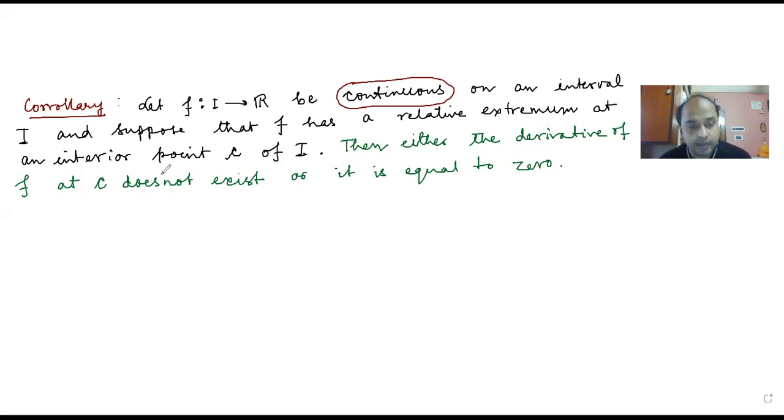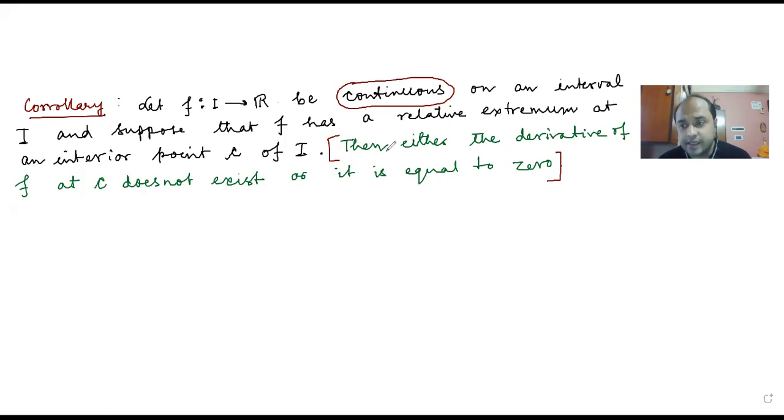So if f colon I to R is continuous on an interval I, and if f has a relative extremum at an interior point C, then this line is very important: either the derivative will not exist or it is equal to 0.